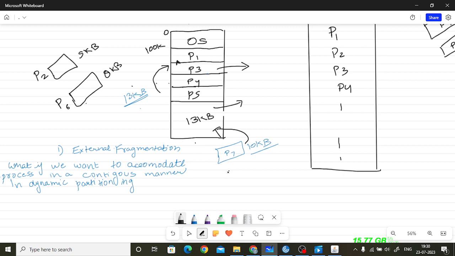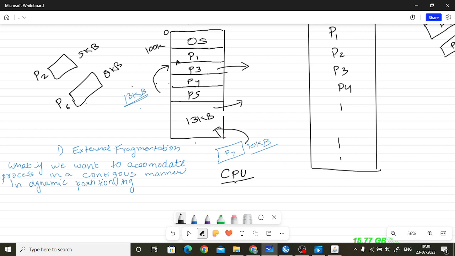Okay, so our CPU time is precious, and the processor will be busy in shifting the process. In place of executing a process, it will be busy in shifting the process in the main memory.